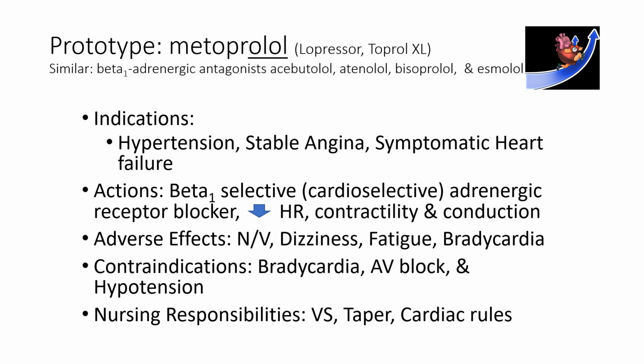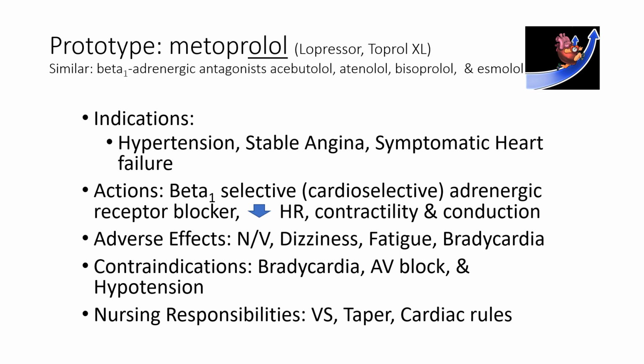We don't want you to block the beta 2 receptors in the lung, because you're going to get short of breath and wheezy. So they're much more popularly used, and they have the same effect of reducing heart rate, reducing contractility, and reducing electrical conduction in the heart.